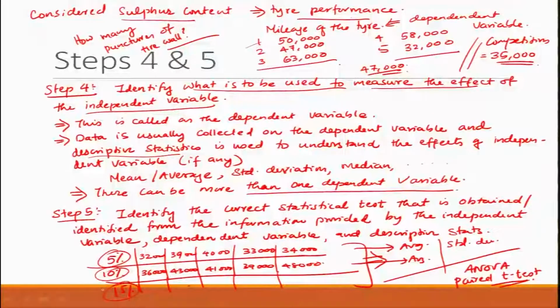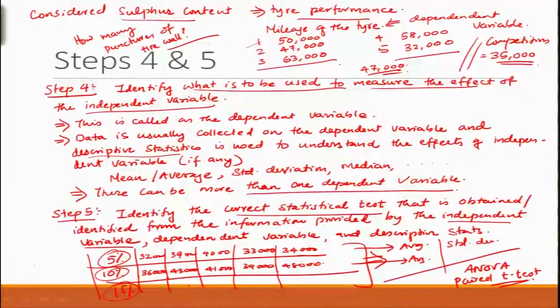So, the statistical test used to decide what sulfur content gives the best tire performance should be chosen with the help of information provided by the independent variable.